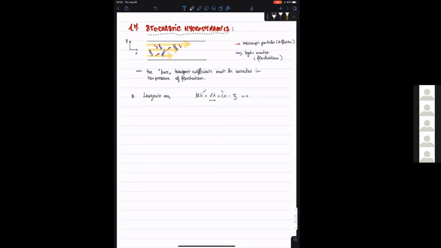So this nu is related to dissipation, because it is associated with only one derivative with respect to time. This x is some variable depending on time, and this psi is an external force, a noise term, an external random force.